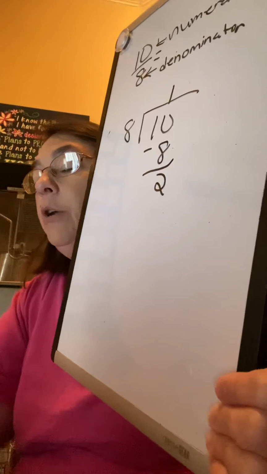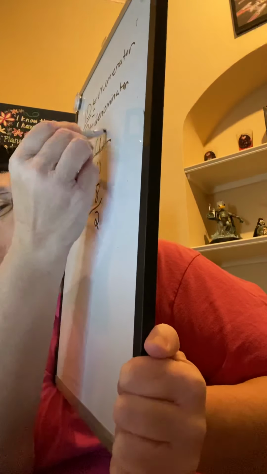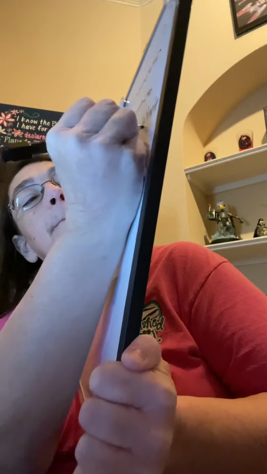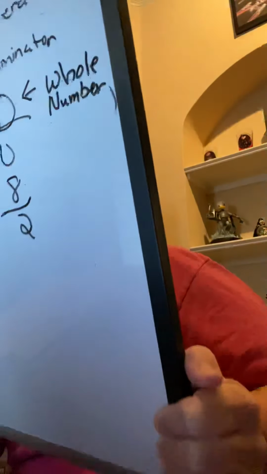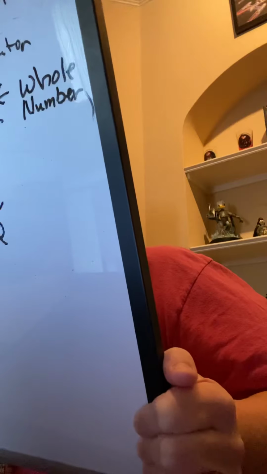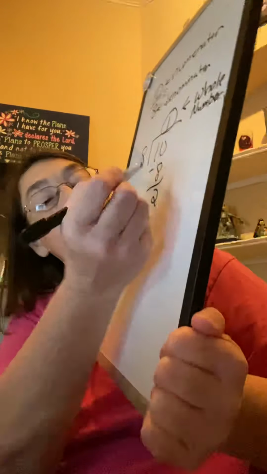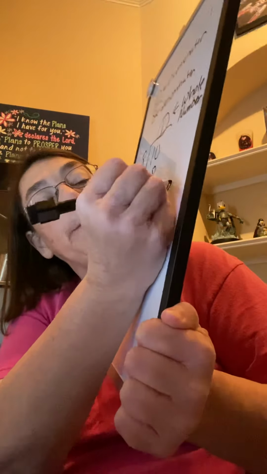All right, so that being said now, the answer up here becomes my whole number. So my answer becomes my whole number. Okay, my remainder, or what I have left, becomes my numerator.